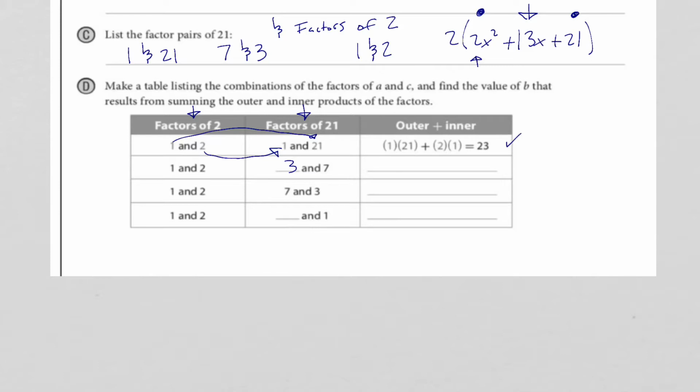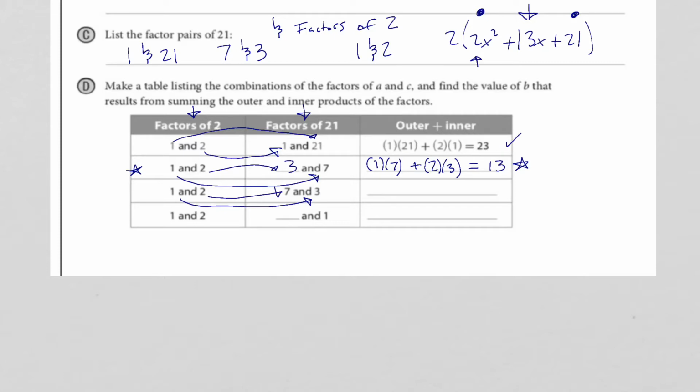And then what about 1 times 7 and 2 times 3? You have 7 plus 6. Does that add up to 13? Sure does, right? So this looks like it's going to be our magic combination. But you can try the others, see if anything else works.